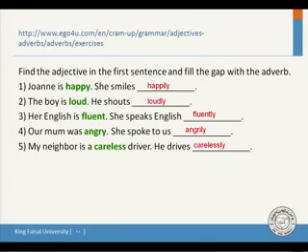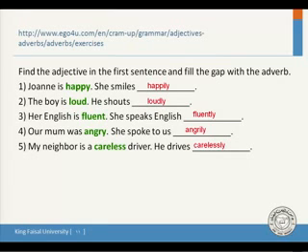As you can see on this slide, we have adjectives, and they are typed in green: happy, loud, fluent, angry, careless. And these adjectives describe nouns. Happy, who is happy? Juan. Who is loud? The boy, etc. But the words in red: happily, loudly, fluently, angrily, carelessly, these are all adverbs of manner.